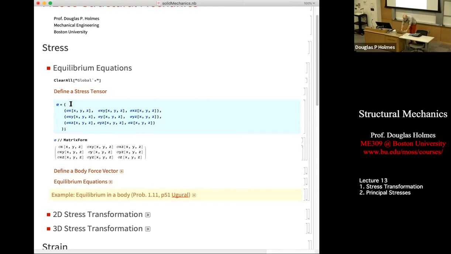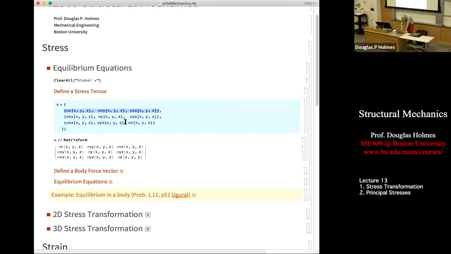What that basically means is that we need a big list, this big curly bracket on the outside, at the top and the bottom here. And then each row here is the top row of my tensor, middle row of my tensor, bottom row of my tensor.